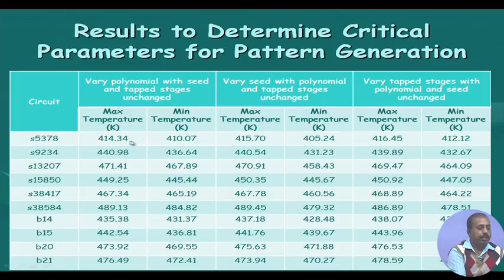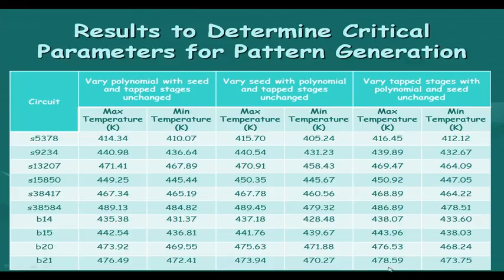You see there is a variation of about 4 degrees. Similarly, if you vary the seed with polynomial and tapped stages unchanged, this gives rise to a variation of 15 degrees. And if you change the tapped positions feeding the AND gate, with the polynomial and the seed unchanged, this gives a variation of 4 degrees. For the B21 circuit, this gives a variation of 5 degrees, this gives a variation of 3 degrees, and this gives a variation of 4 degrees.